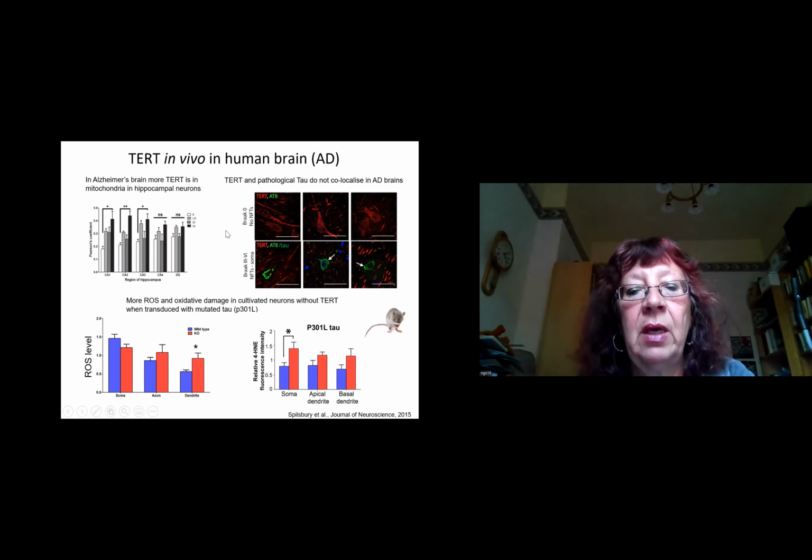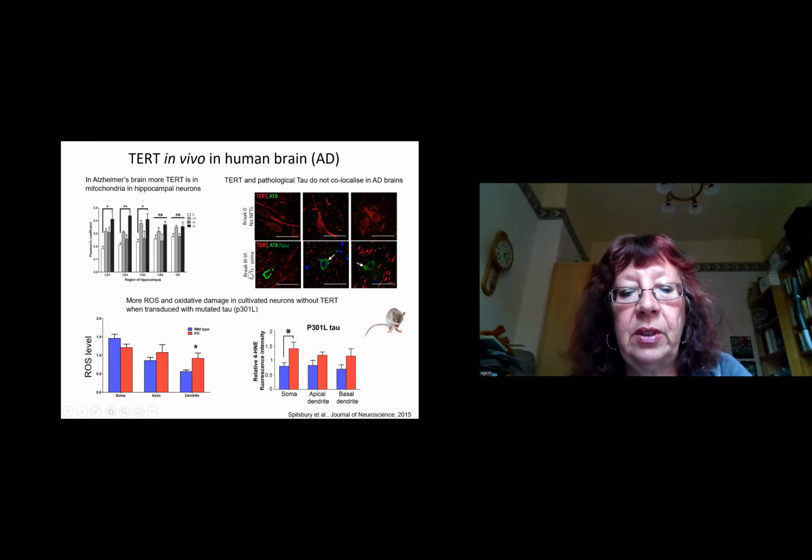There's no pathological tau, which we detected with the 88 antibody. However, if you look into higher Braak stages, starting from 3 until 6, you see the neurofibrillary tangles or threads shown here in green. What we found is that there's never a co-localization with TERT. So there are two possibilities.